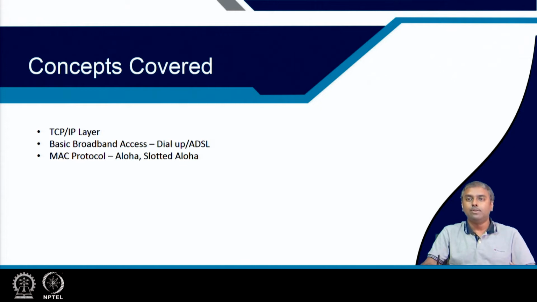Then we will come to more advanced functionality of layer 2. One of them is media access control, and we will talk about typical protocols historically developed like Aloha, slotted Aloha, then CSMA/CA, CSMA/CD and all kinds of things. That should be our brief outline of discussion over the next 2-3 lectures.